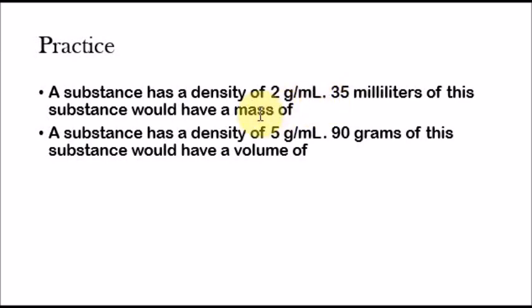Pay attention: mass given the volume, and we're given the density. We're going to have to multiply the volume by the density. So 2 grams per milliliter times 35 milliliters gives us 70 grams.